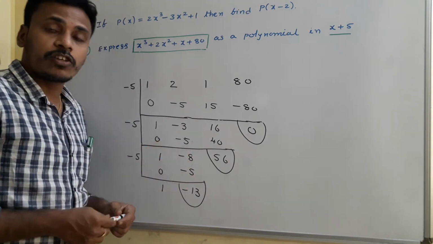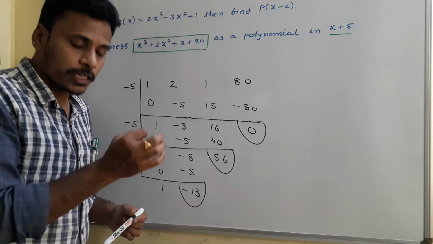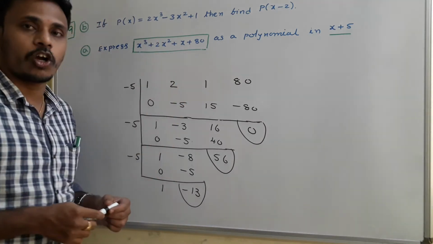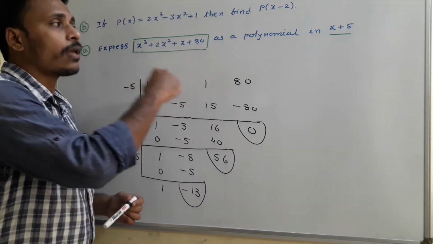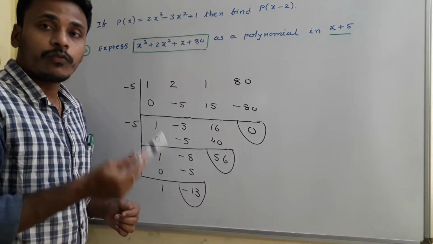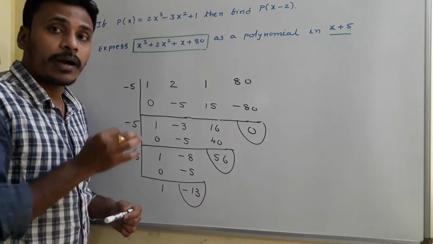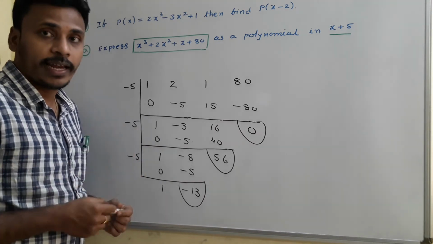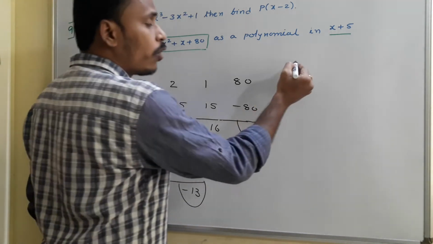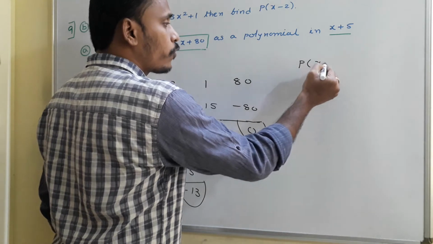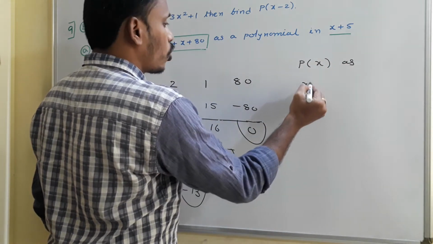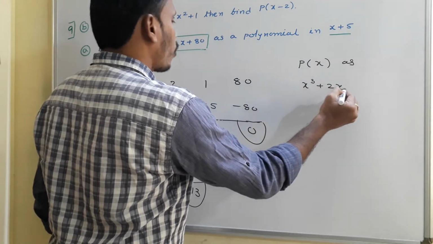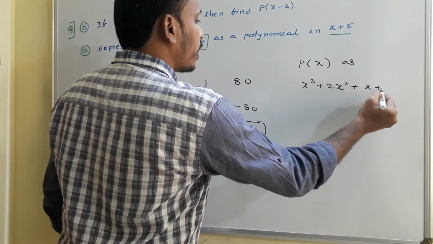For each and every step of division, if you express the statement of the division algorithm, that will directly convert the given polynomial into a polynomial in x plus y, which I expressed in the previous class. But now here I will write it directly. Okay, so how to write directly? Suppose you treat the given polynomial p of x as x cube plus 2x square plus x plus 80.